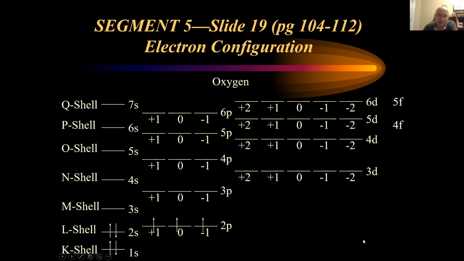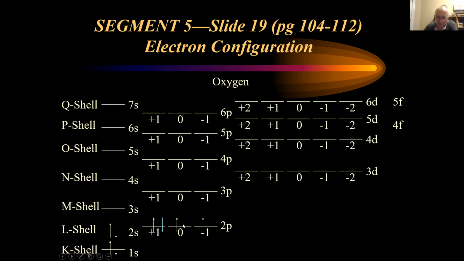Let's do oxygen. Okay, with oxygen, I put another electron in. It has to pair up somewhere. We are going to put it here always because it's putting it into a positive number. M sub L is +1.